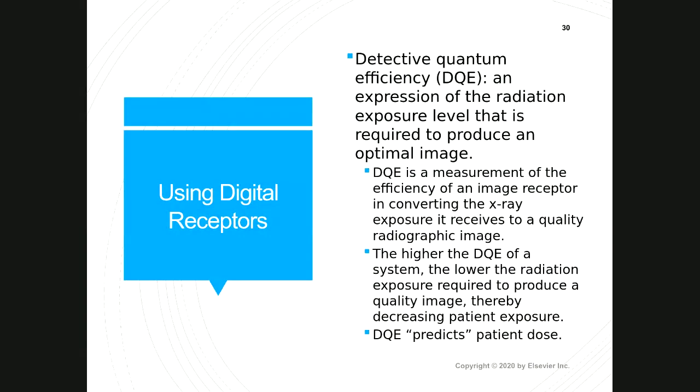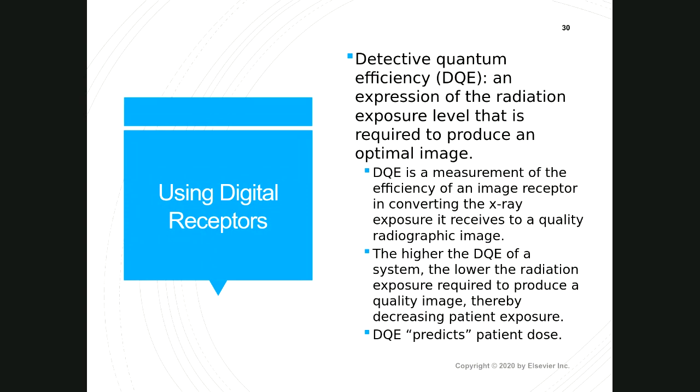DQE, or detective quantum efficiency, is how well the detector absorbs the X-ray photons and converts them to an accurate or optimal image. It's an expression of the radiation exposure level required to produce an optimal image, and how well the image receptor converts the exposure into a quality image.